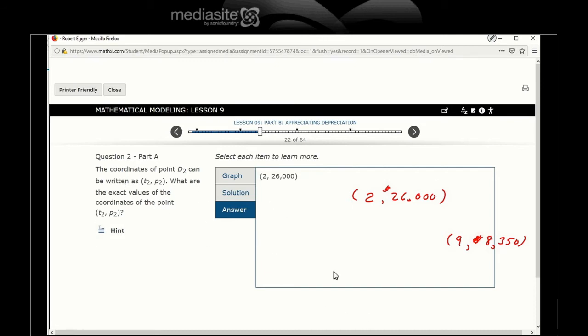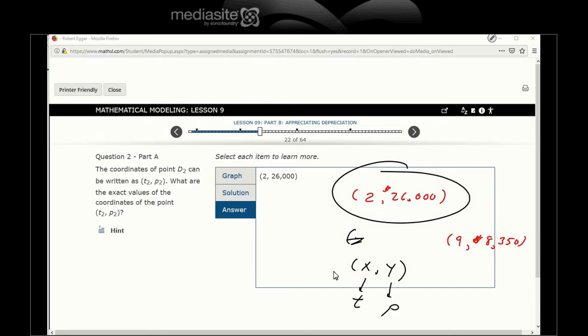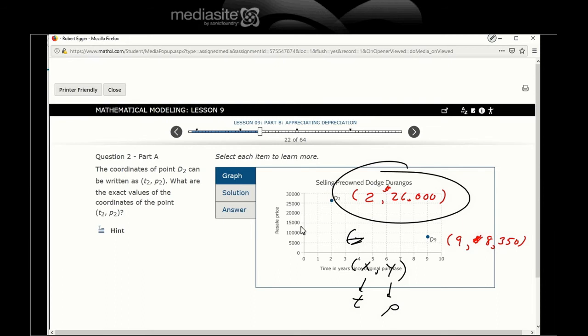Remember, it's always going to be x and y as your coordinate pairs, except for us, x is time and y is price.